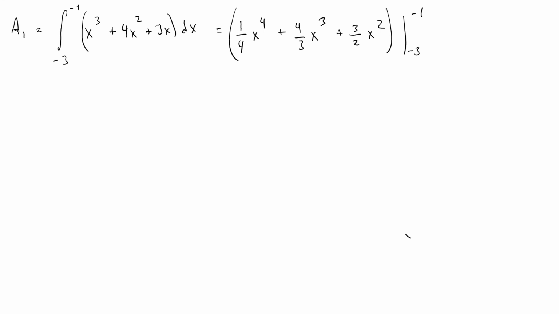So here we go. If we put the -1 into x to the 4th, I'll write it out just in case somebody wants. So we have 1/4 (-1)^4 plus 4/3 (-1)^3 plus 3/2 (-1)^2, and then minus, now we put the -3 in.